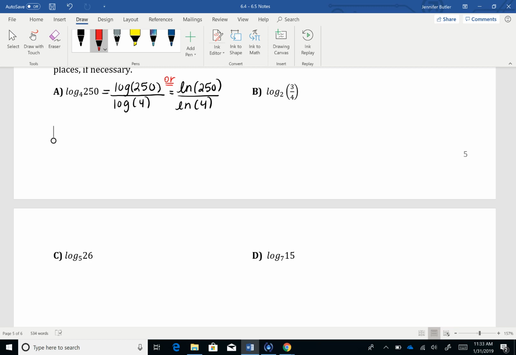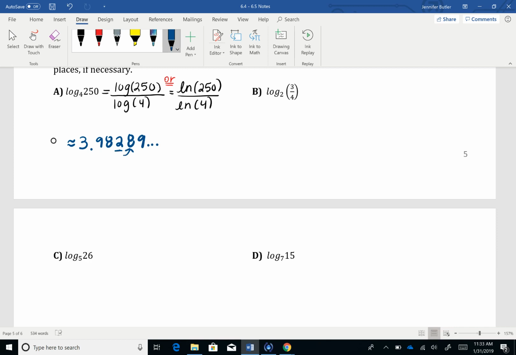So we are using our calculator to determine what power of 4 gives us 250. And obviously 250 is not a power of 4, so we're going to get a decimal, and the decimal that I got was 3.98289, and I kept going, of course. But it says round to 3 decimal places, so I want to round to this place.